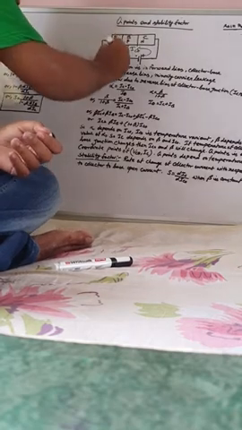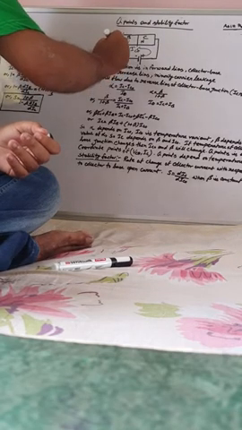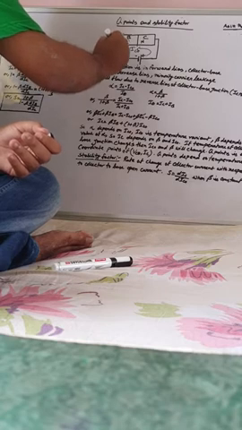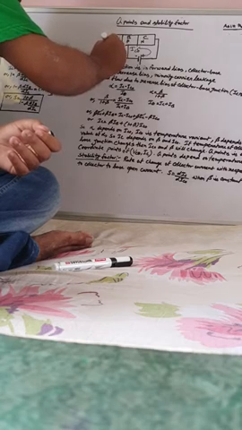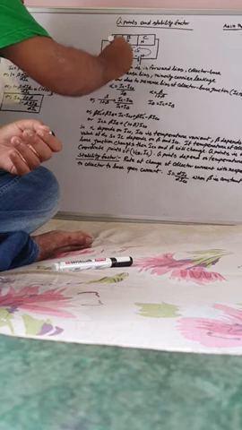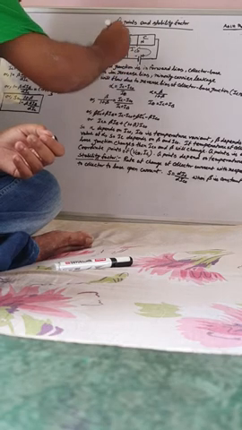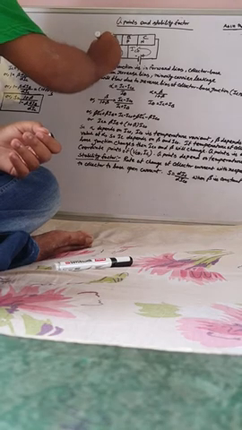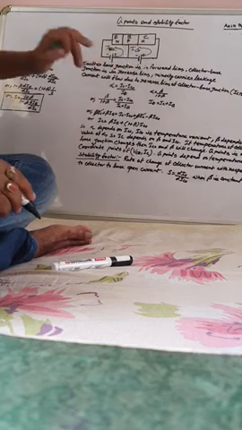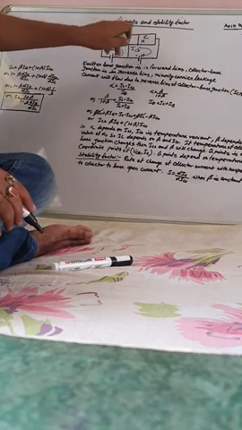But your emitter current will flow from this direction. Actually, this current flow is opposite to the direction of the collector current.